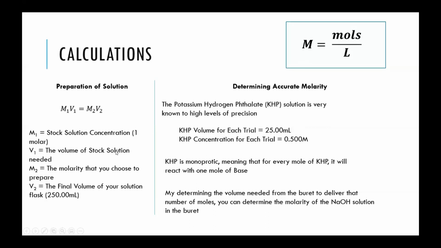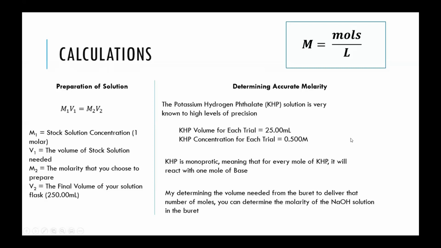Once you have your solution prepared, the next calculation is in determining the actual molarity of your sodium hydroxide solution. So molarity is moles over liters. The moles are coming from the moles of the potassium hydrogen phthalate. Each of your trials contains exactly 25.00 milliliters of the KHP at a concentration of 0.500 molar.